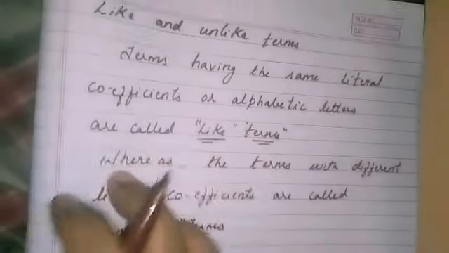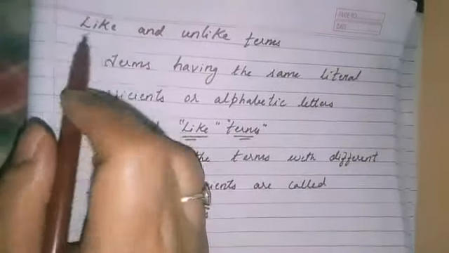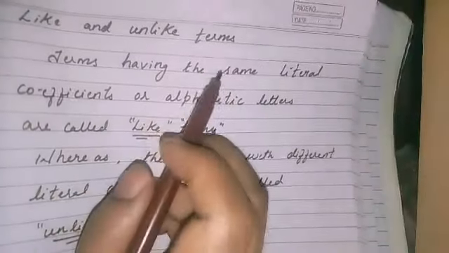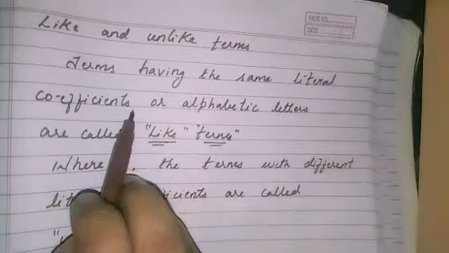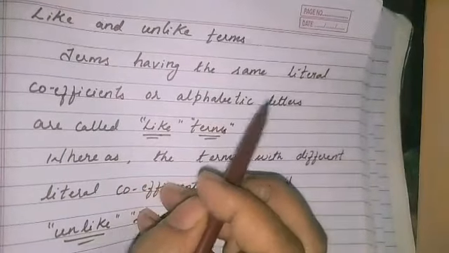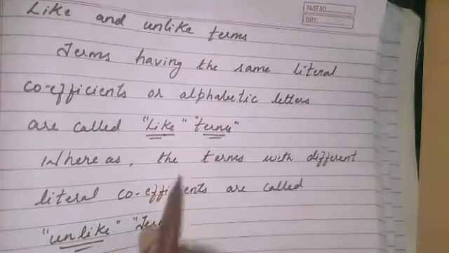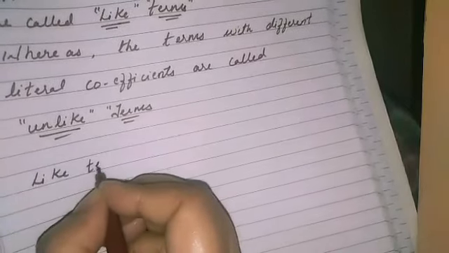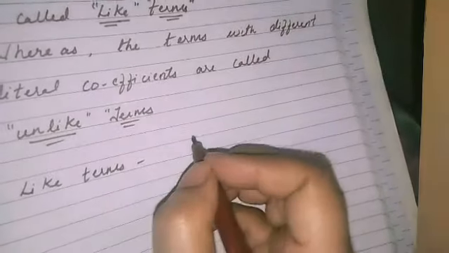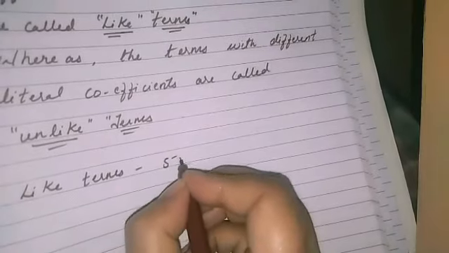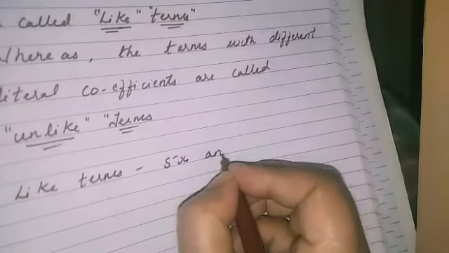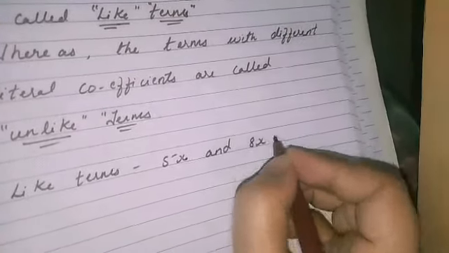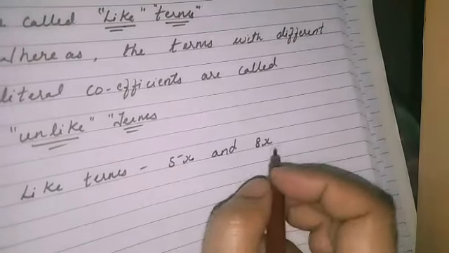Okay, now let's understand what the like and the unlike terms are. Terms having the same literal coefficients or alphabetic letters are called like terms. An example of like terms would be 5x and 8x.